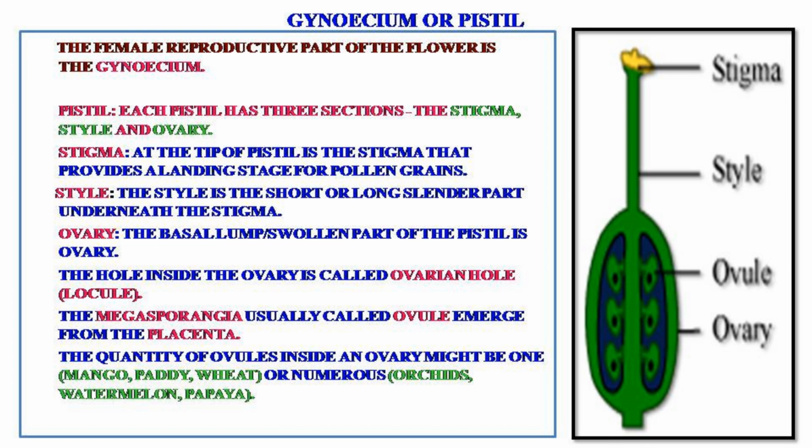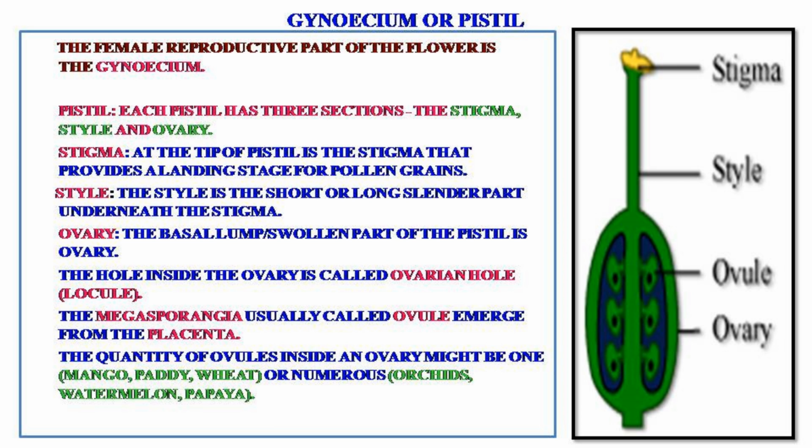Here in the diagram you can see the main parts of the carpel. Since gynoecium or pistil is made up of carpels, each carpel is made up of ovary, the basal part, and the style, the middle part, long and slender part, and the receptive surface stigma. Here you can see the structure also.